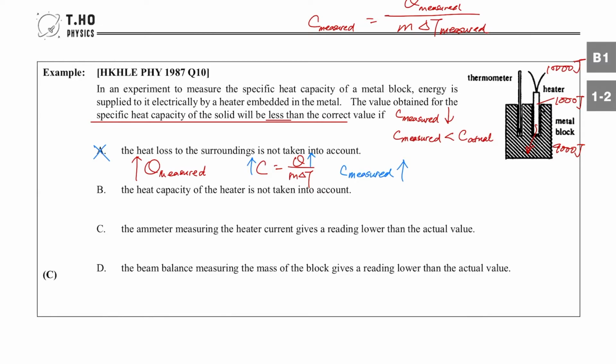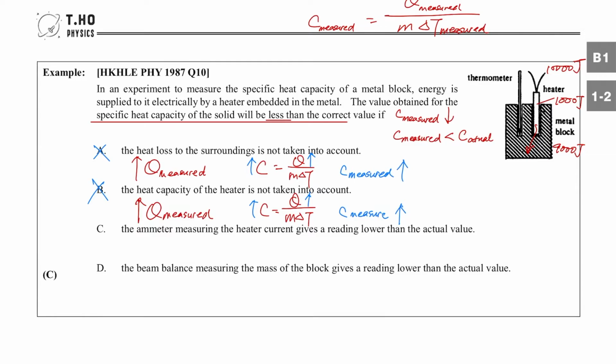When we do the calculation, we would use the value on the joulemeter, 10,000 joule, but actually we have only got 9,000 joule going into the metal block. So the result is the measured Q would be larger than the actual number. So similarly, we would have a larger Q, larger C, measured C will be larger. So this is not our answer.